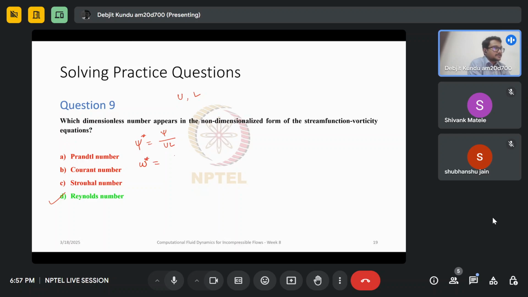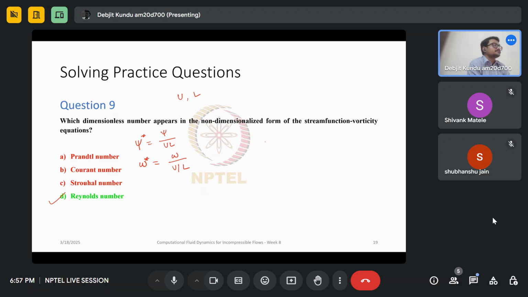And you say omega star is your omega divided by U over L. And you replace all the psi's and omegas in your equations with psi star and omega star. Then you should get something like this.